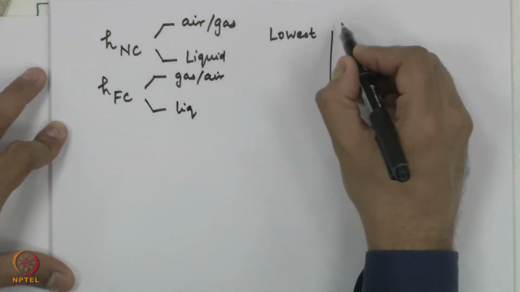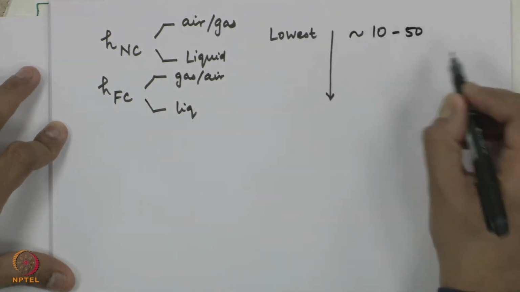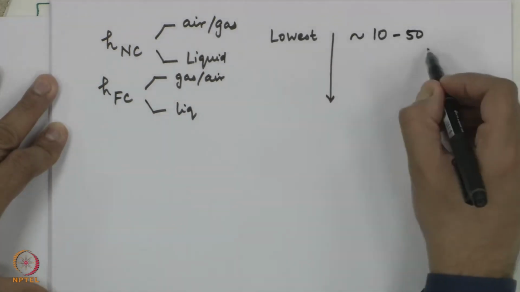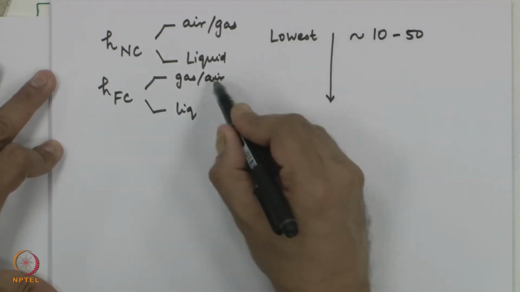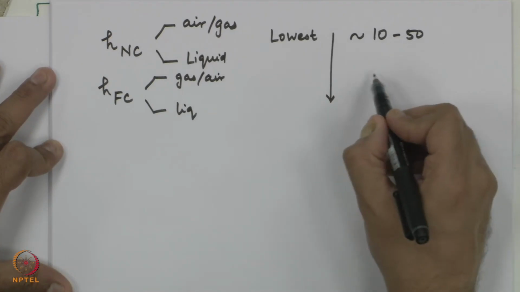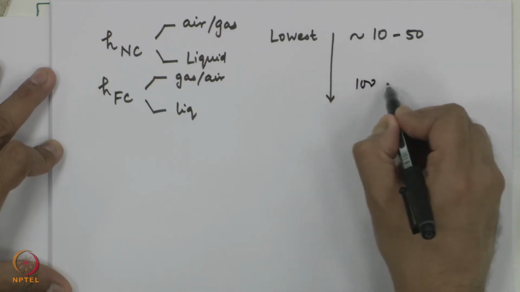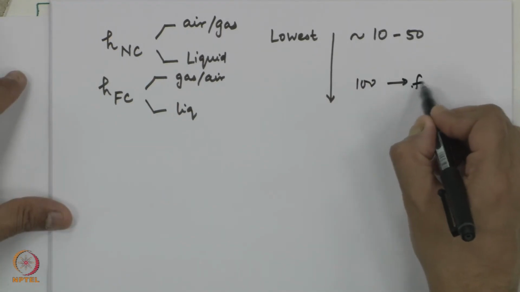This would be of the order of tens. I am not giving you exact numbers, something of this kind. For air or gases, it would be a few near 100 and going up to say 400, 500 or so, a few hundreds.